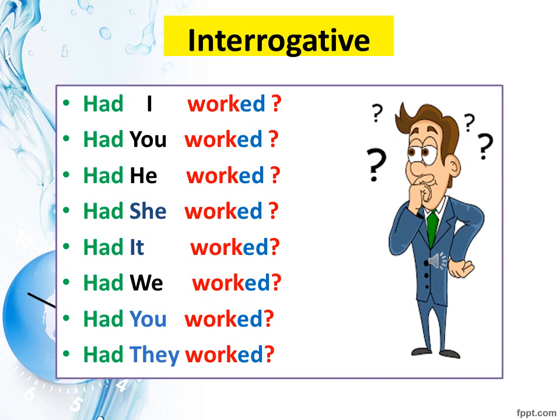Good. So what do we notice here? We notice that we start with the helping verb had. We don't start with the subject pronoun I, you, he, she, it, we, you, they, but we start with the helping verb had. Okay, then comes the subject pronoun and then the past participle.